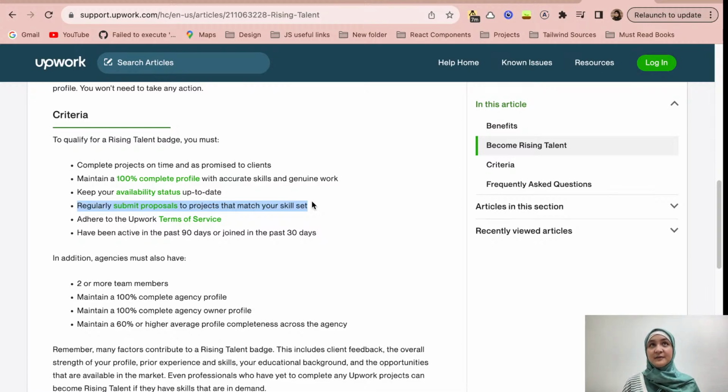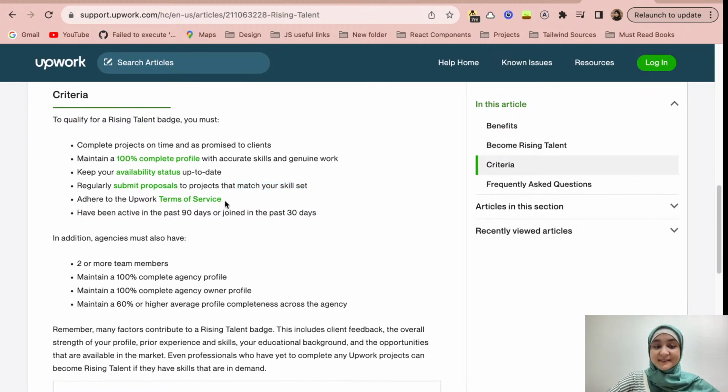If you have a front-end developer profile on Upwork, you shouldn't be submitting proposals to jobs for teaching, translations, or editing, video editing for example. That will not be the right way to do it. So submit proposals that match your skill set.